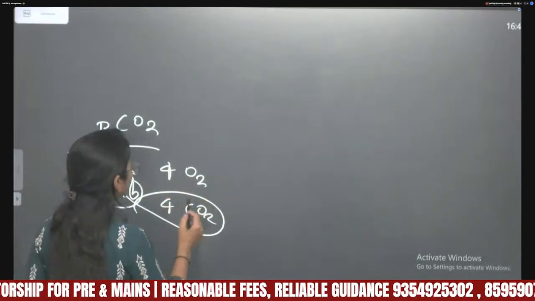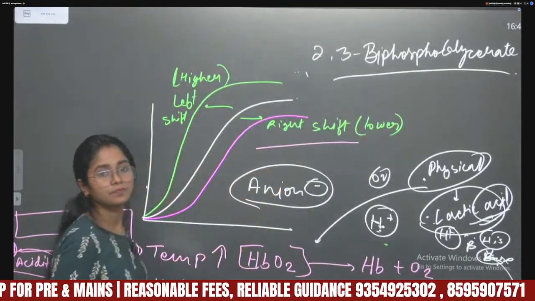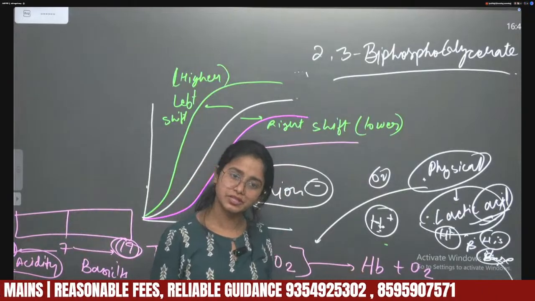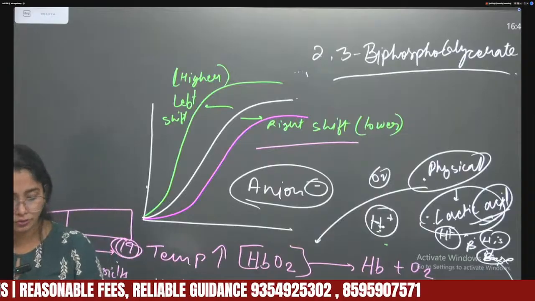That means curve shift to the right, because right shifting means lower affinity. ठीक है, simple.